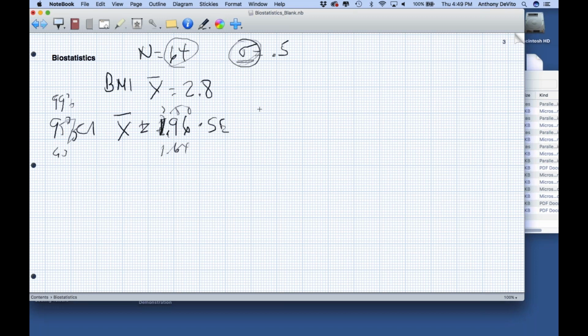So what's the standard error equal to? When we work with numerical variables and we know sigma, the standard error is sigma over the square root of n. So that's going to be 0.5 over the square root of 64, which is 0.5 over 8.